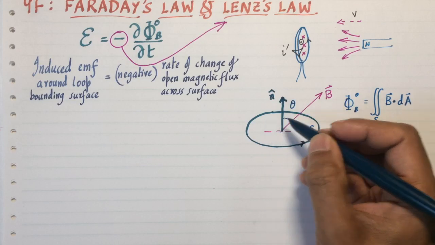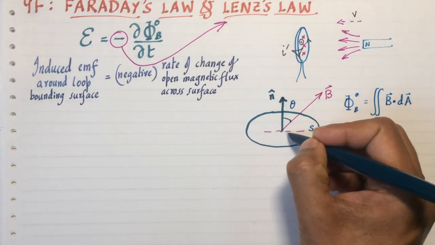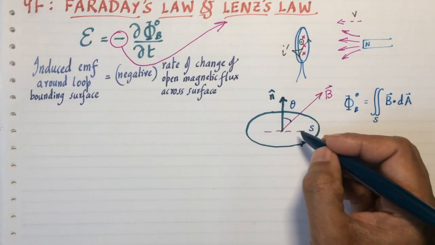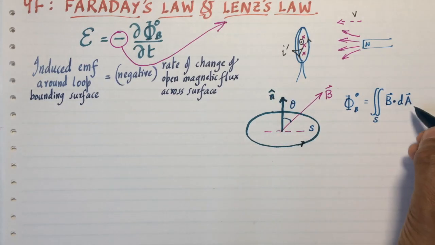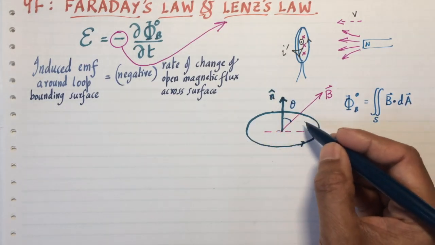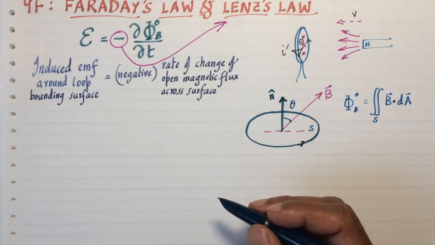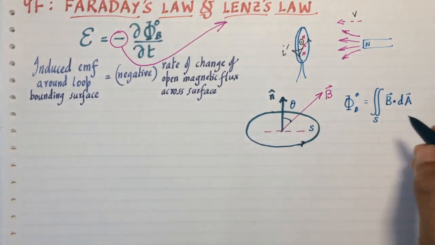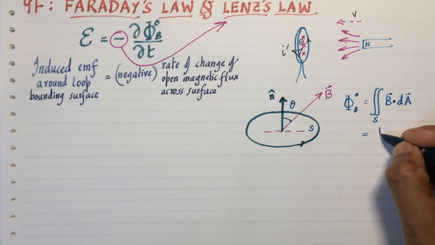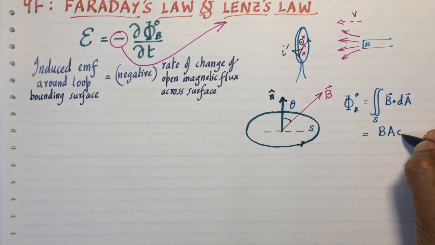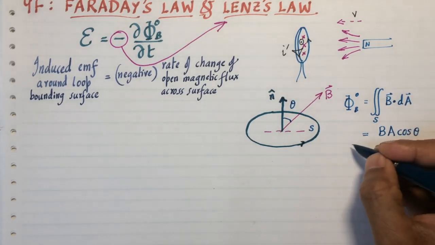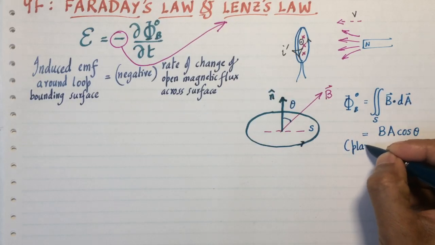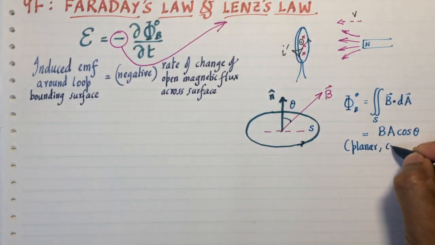For each little element, you take the area vector and then you integrate over the whole thing. That's B dot dA. If this loop is planar, and if it is a constant magnetic field making a constant angle with every single dA vector in the loop, this can be simplified into just B times A times cosine theta, and that result is only valid for planar loops and constant B.